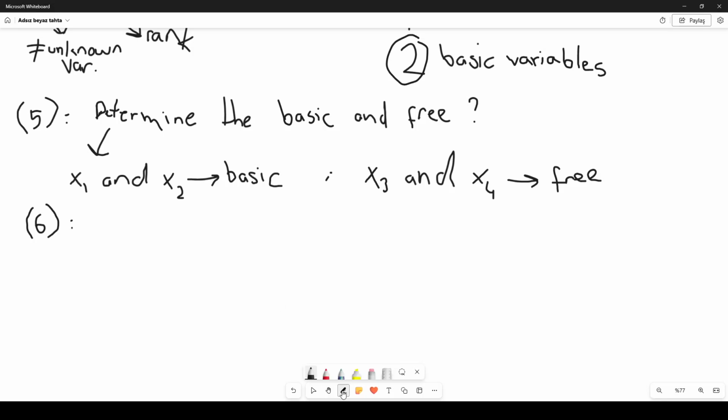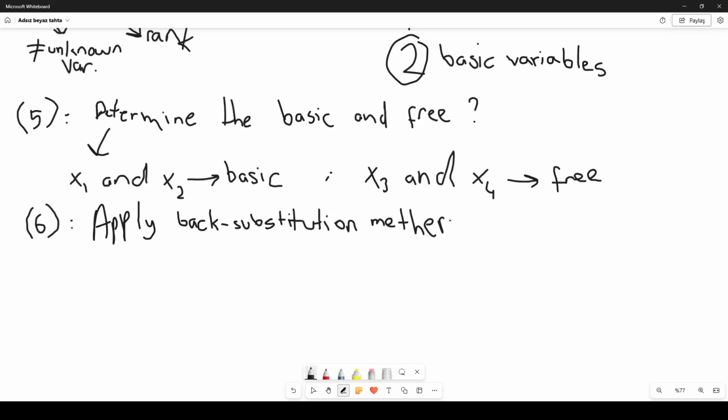But before that, first of all, we need to apply the back substitution method, as we are familiar with from previous lectures, in the row echelon form, to write the basic variables as a linear combination of the free variables.